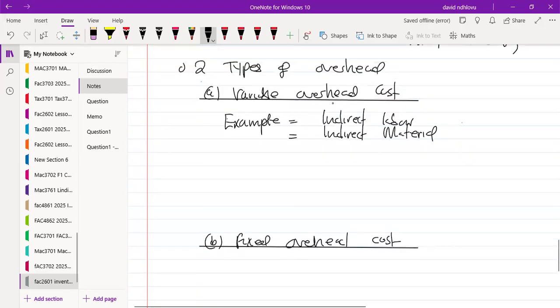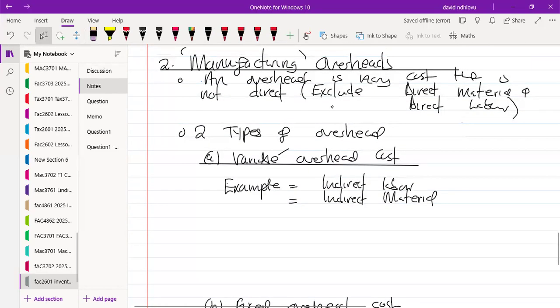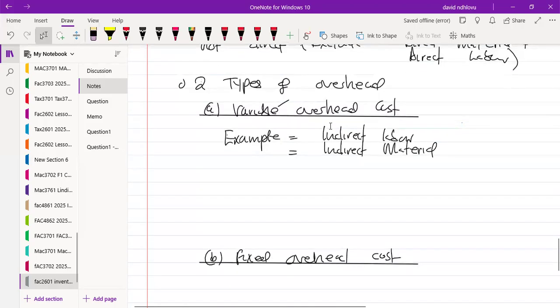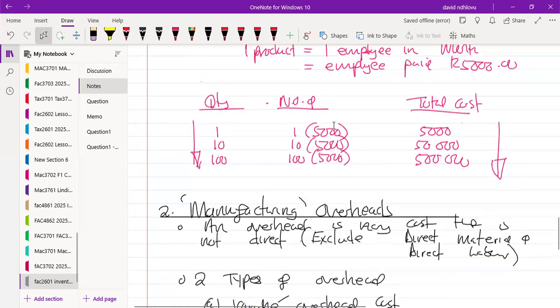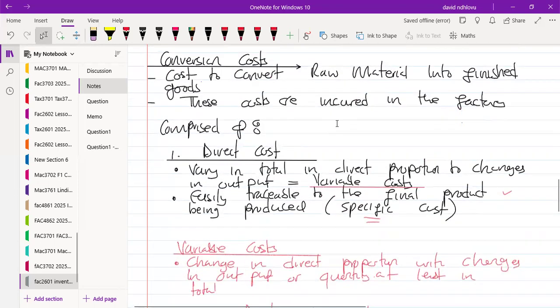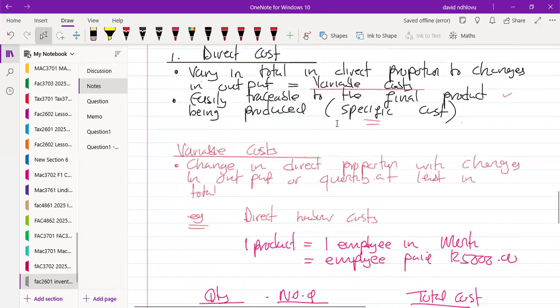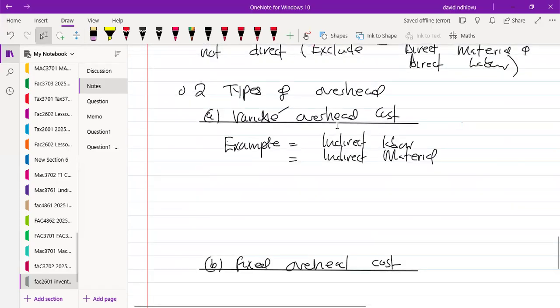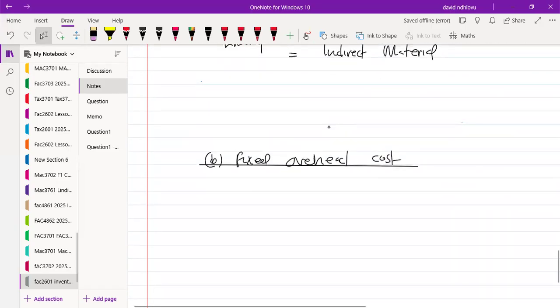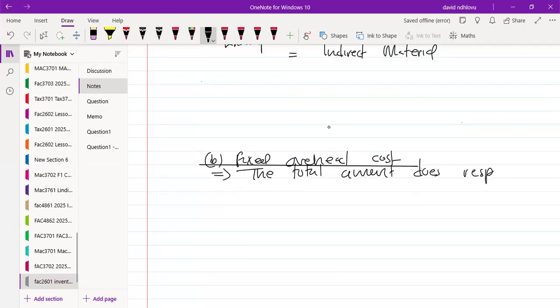Right, then we have the fixed part. Remember, I've already explained what the variable term means. That's why I'm just giving an example there. This time we're giving variable overhead. There I was explaining a direct cost, which is variable labor costs. The same description of why labor is variable, you also have it there. Then we have the fixed costs. Now these are overheads incurred in the factory, but we are saying the total amount does not respond to changes in output.